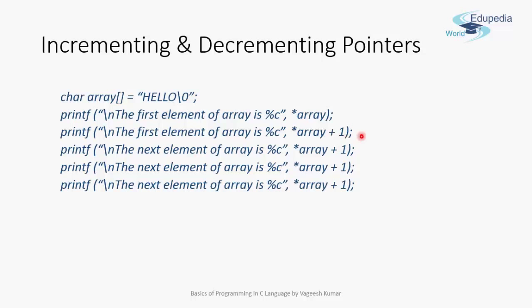So 1 multiplied by 1 is 1. It will increment by 1 memory location, and it will print e. If you increment further, it will print l, then again l, and at last o.